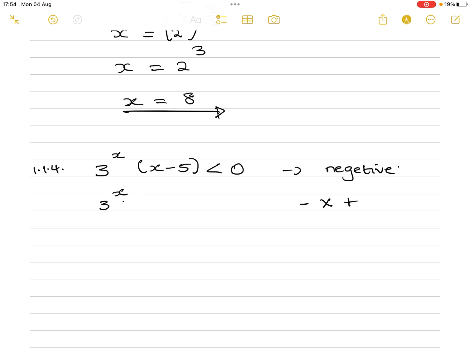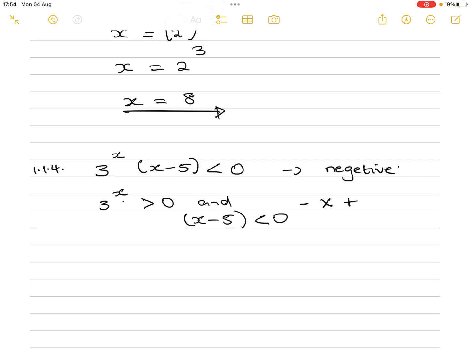My argument says whichever value of x that you plug here, it will never make this term negative. So as a result, 3 to the power of x has to be positive, and x minus 5 is the one that has to be negative.